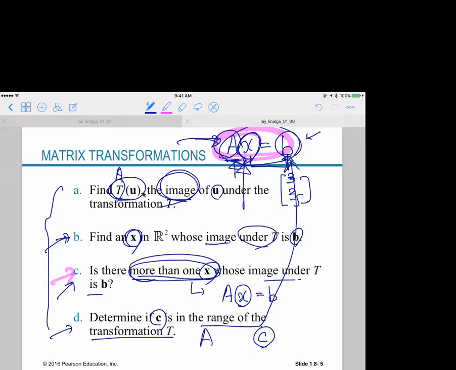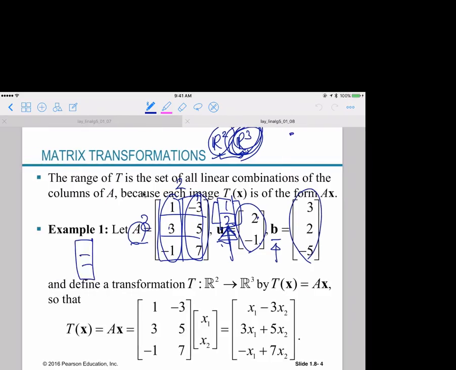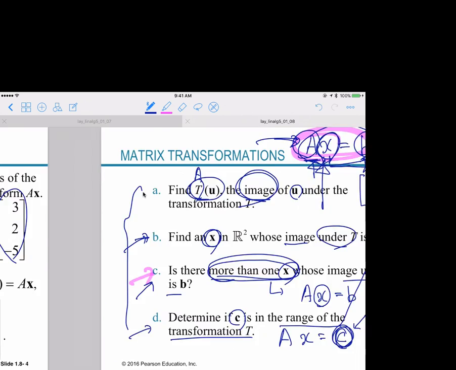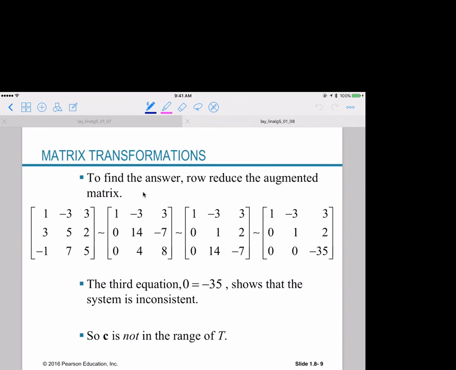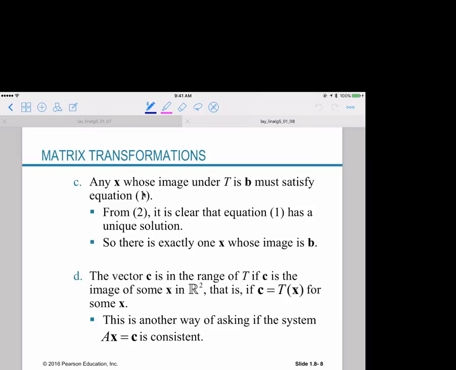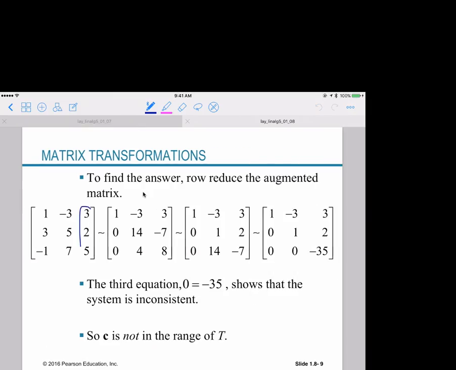Suppose c was 3, 2, 5. Can we find at least one x satisfying this equation?